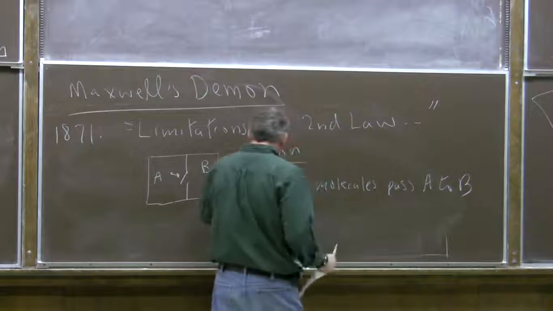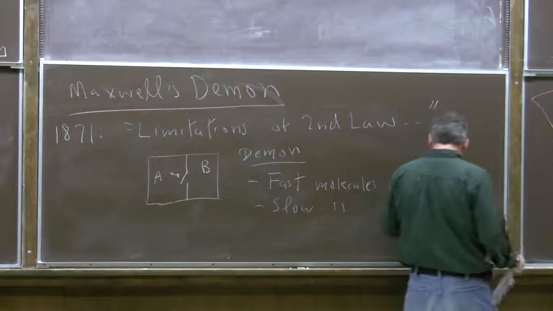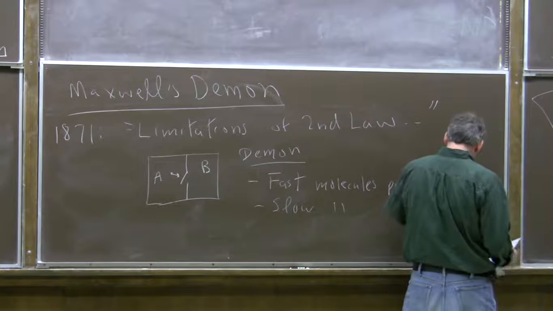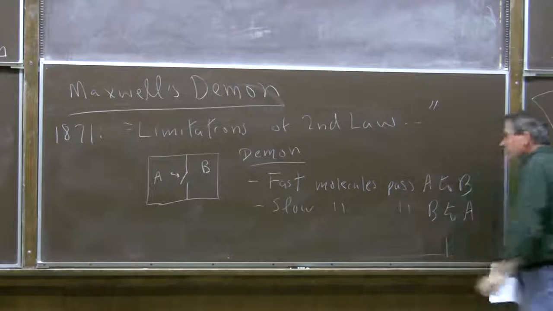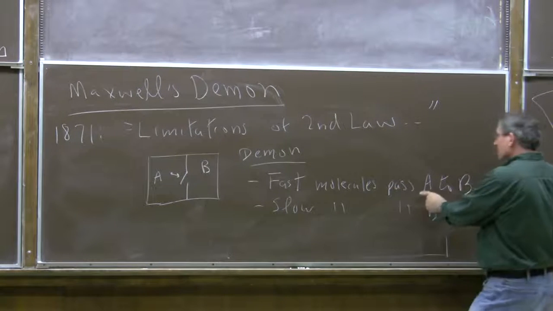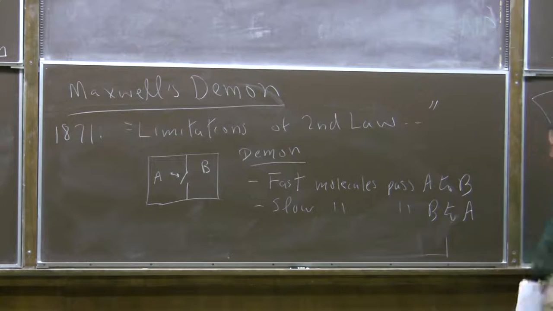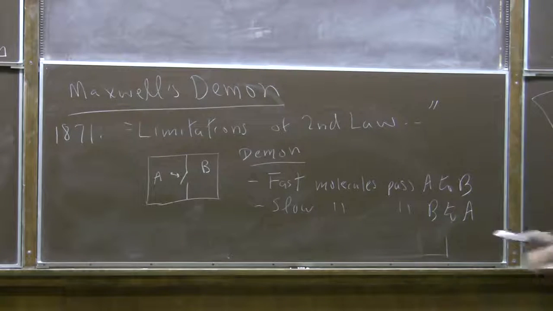He does let slow molecules through, though. So the molecules that have a kinetic energy less than the typical kinetic energy are allowed to pass from B to A. The ones with kinetic energy greater than typical kinetic energy pass from A to B. And the demon keeps doing this for a long time. And what happens?